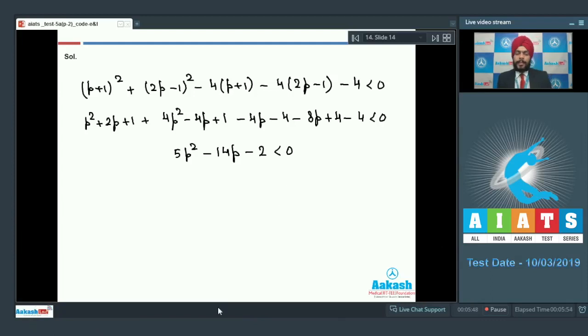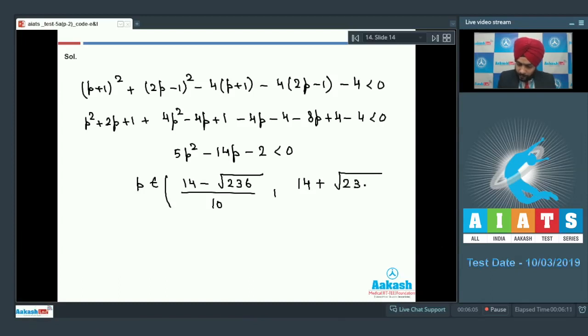So this particular equation has two roots, alpha and beta. Obviously p lies between alpha and beta. So p belongs to, first root is 14 minus root under 14 square plus 40, so 196 plus 40 is 236, divided by 10, comma 14 plus root of 236 by 10, which will give you 7 minus root 59 by 5, comma 7 plus root 59 by 5.